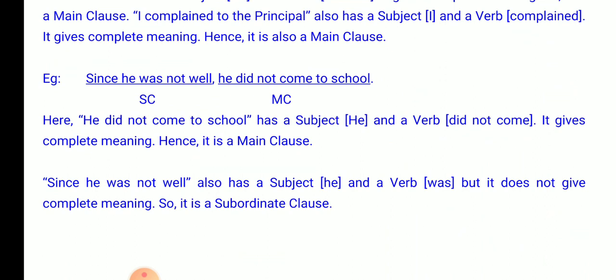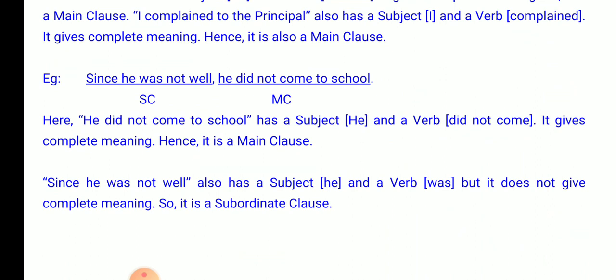Here also, you have two parts. The first part is since he was not well. Here you have a subject he and a verb was not. In the second part of the sentence, he is the subject, did not come is the verb.